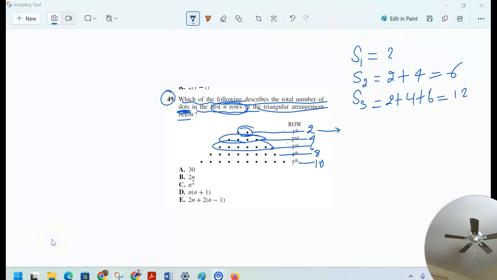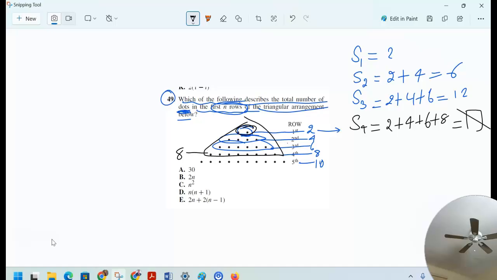If I want to add the first 4 rows, you're adding all of them, so it is 2, and this one has got 8, right? So this is 8. And you can see the pattern there.